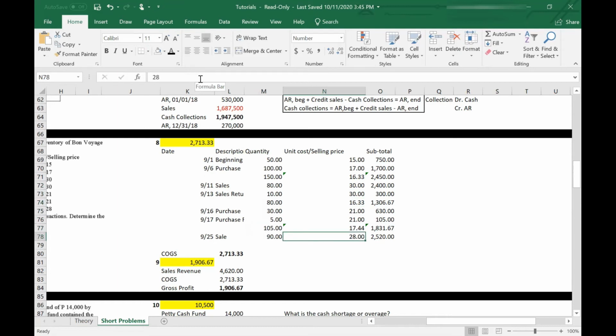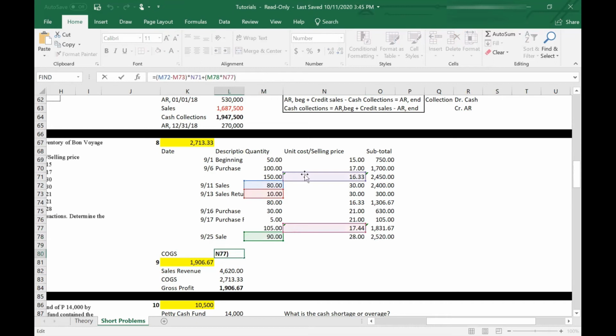And again, there was a sale of 90 units of your inventory at 28 pesos each. So you have sales of 2,520. How do we compute for the COGS? You determine the number of units that you sold and then multiply it by the corresponding moving average unit cost. For this one, you sold 80 units and there was a sales return of 10 units.